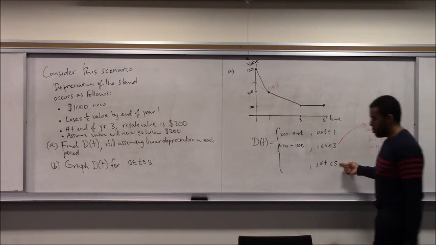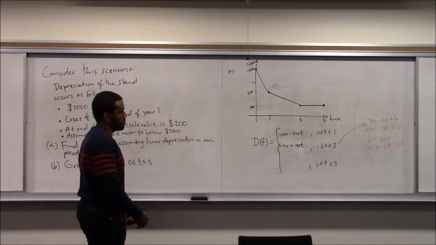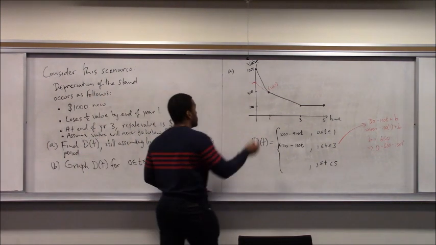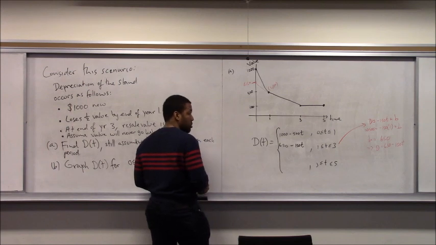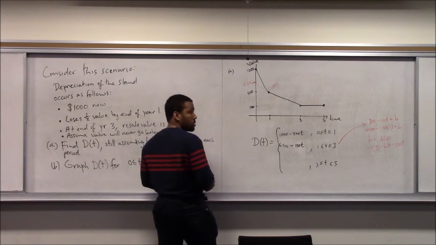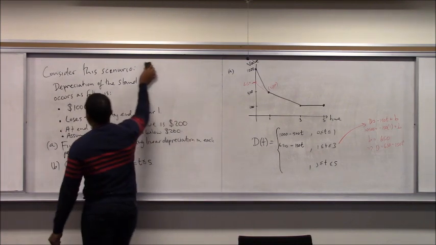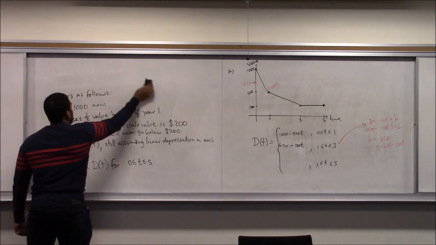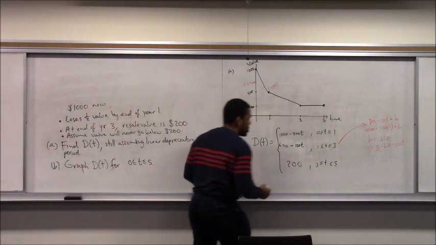What about here? Between years 3 and 5, what is the equation of that line? What's the equation of that line between 3 and 5? Just 200. It's just 200. It's constant 200. It'll stay at the value 200. It's a horizontal line.